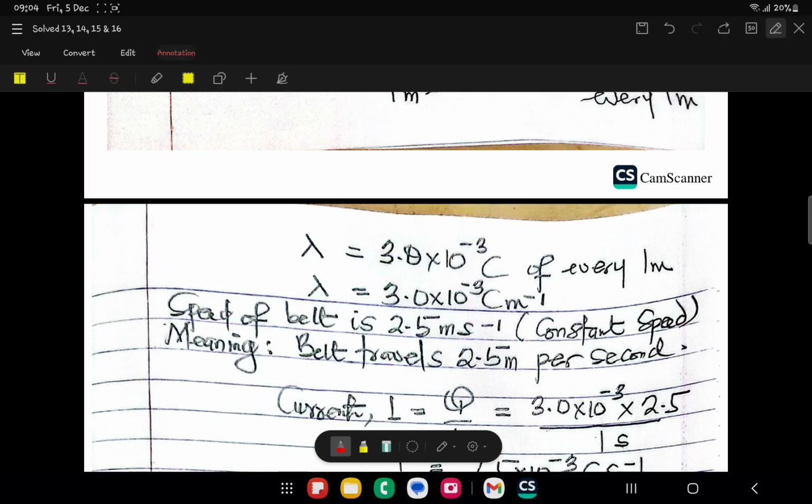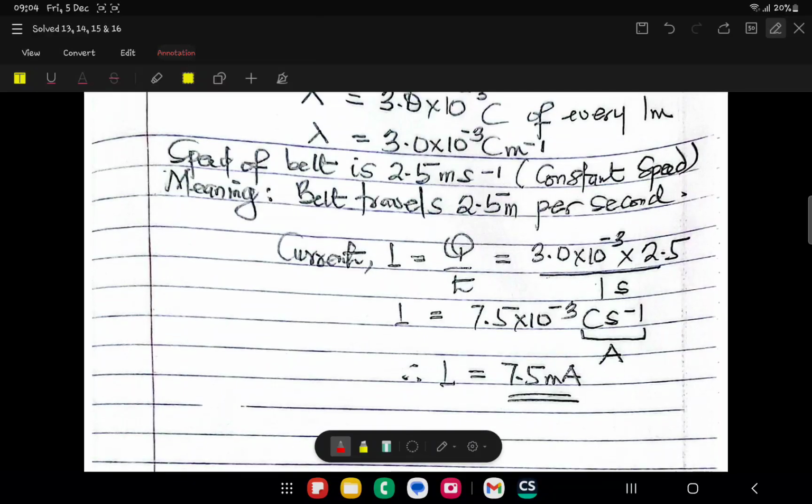That is the quantity of charge on 1 meter multiplied by 2.5, which gives us 7.5 times 10 to the power minus 3 divided by 1 second, and that is 7.5 milliampere. Mind you, the unit we are getting here is coulomb per second, which is the same as ampere.